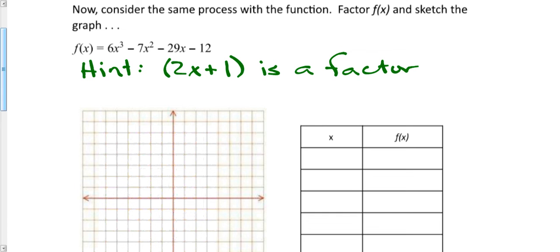Oh no, I gotta do work. Oh no. So, if you divide this, you should get.